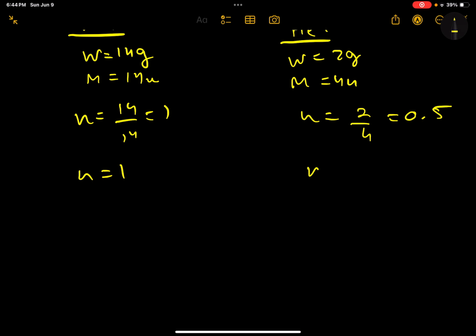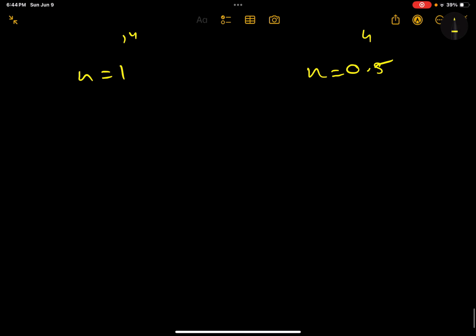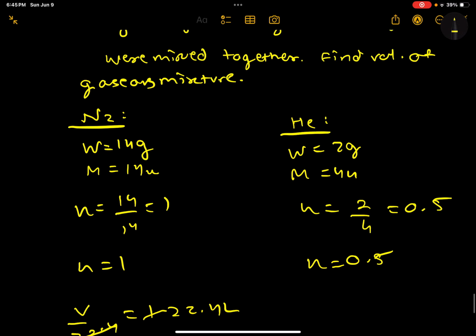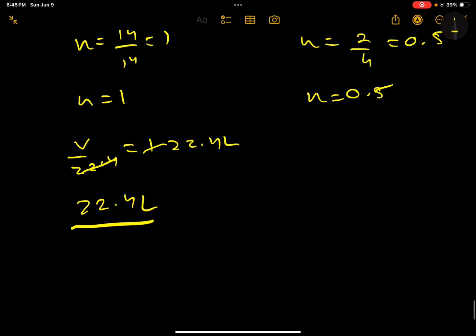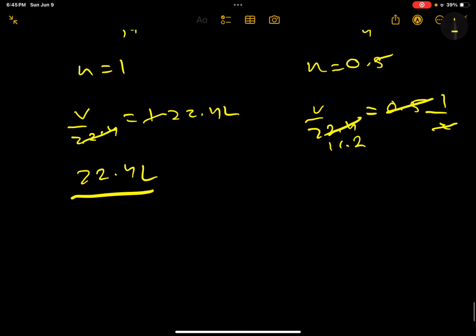So now we want to find the volume. V upon 22.4 equal to 1, so that means 22.4 liter of nitrogen. And for helium V upon 22.4 equal to 0.5 moles, which is equal to 11.2 liter.